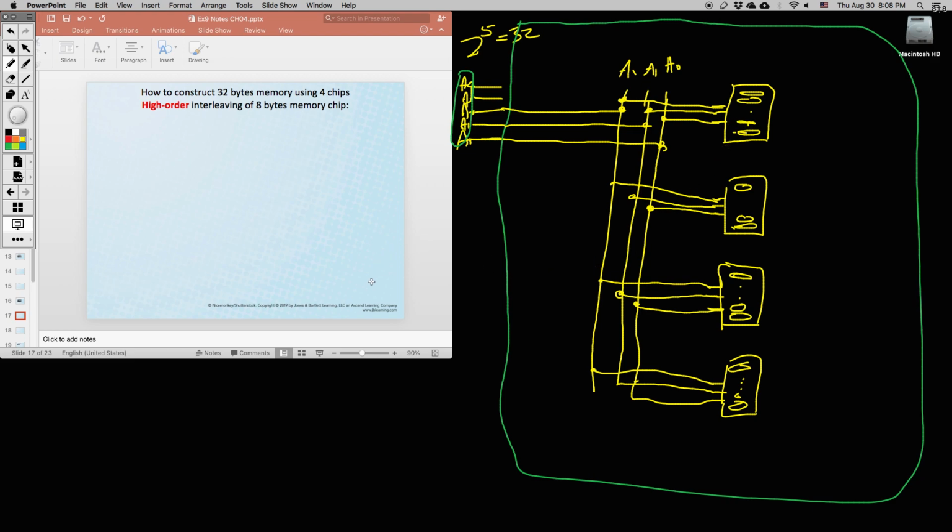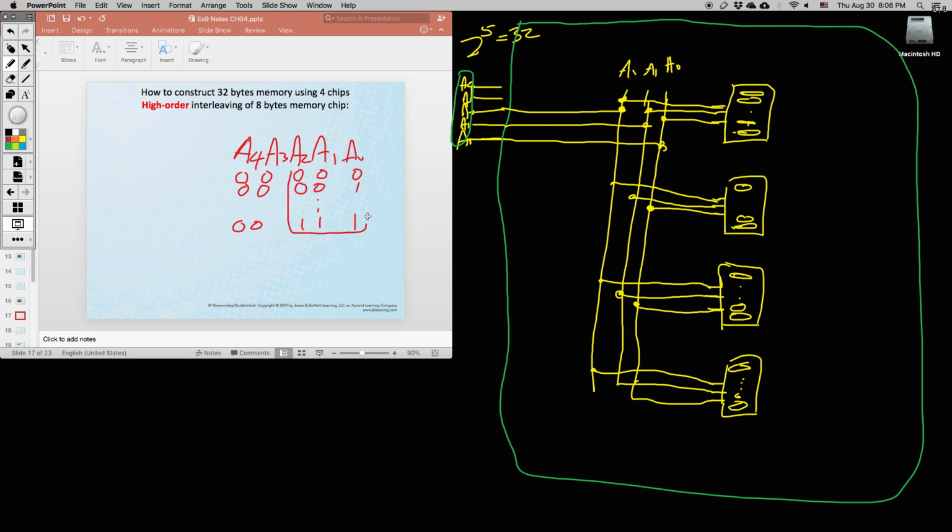How we do so is based on the observation of the addresses. We have address bits 4, 3, 2, 1, 0. All zeros is the very beginning, and the very last one is all ones. The next one is 00001, and you can go through 00111.